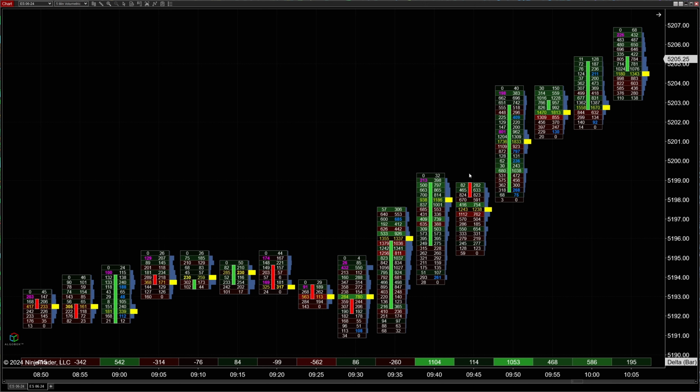Now, I don't care about the color of the candle. I don't care if it was actually an up candle or a down candle in this scenario. The way I would enter this is I'd simply enter the market as soon as the market opened, then look to add right here at the point of control. Then in this example, target 1 comes in at the top of the candle.